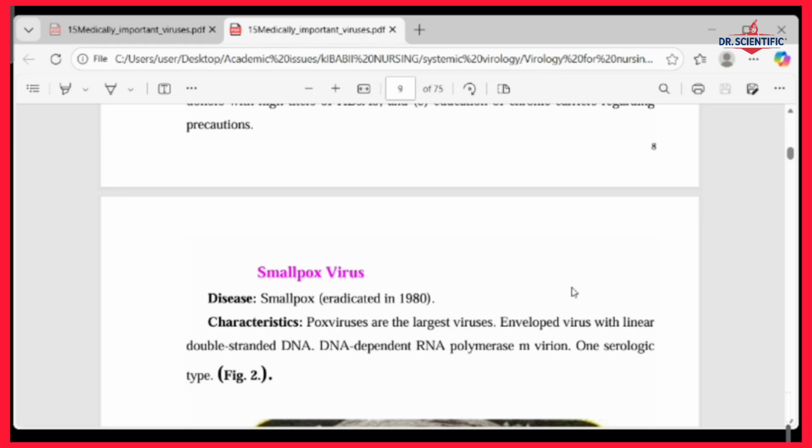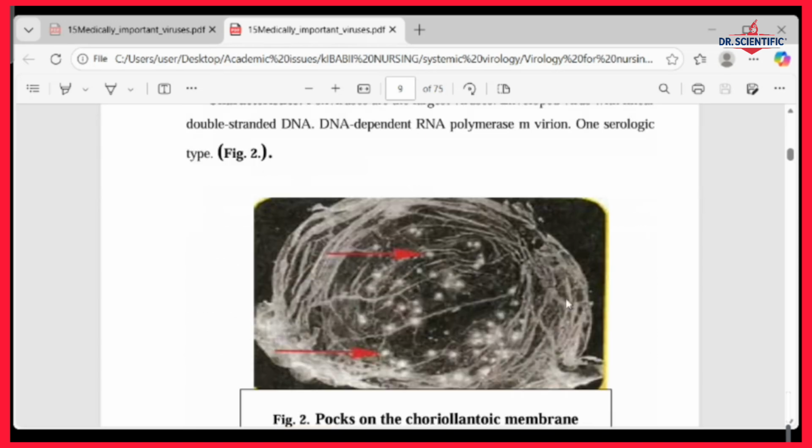But these smallpox viruses are the largest viruses, enveloped, double-stranded virus. That is just from a view of how it looks.